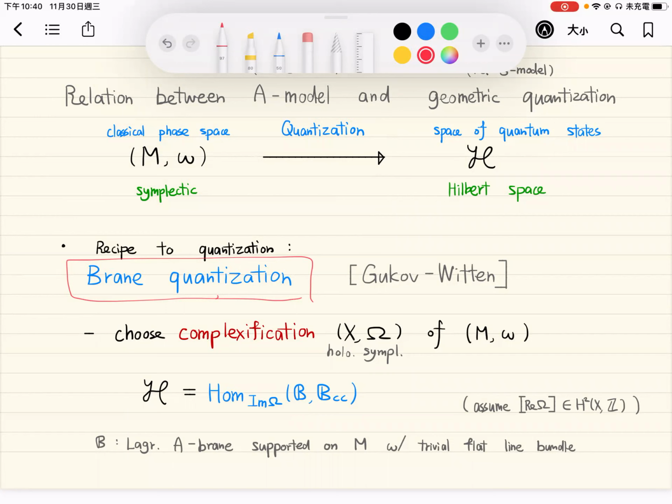Instead of choosing a polarization on the symplectic manifold, now we need to choose a complexification of the real symplectic manifold M. By complexification, we mean that we have a holomorphic symplectic manifold X, such that M is embedded as a totally real submanifold of X, and also the restriction of the capital Omega on M gives back the real symplectic form omega on M, and also M is a Lagrangian submanifold with respect to the imaginary part of the holomorphic symplectic form.